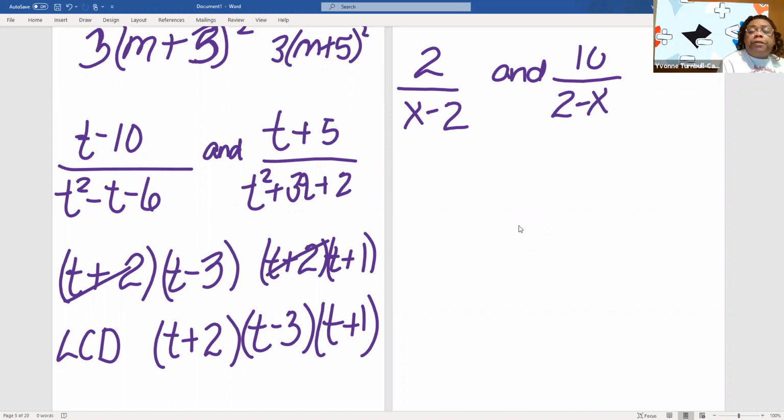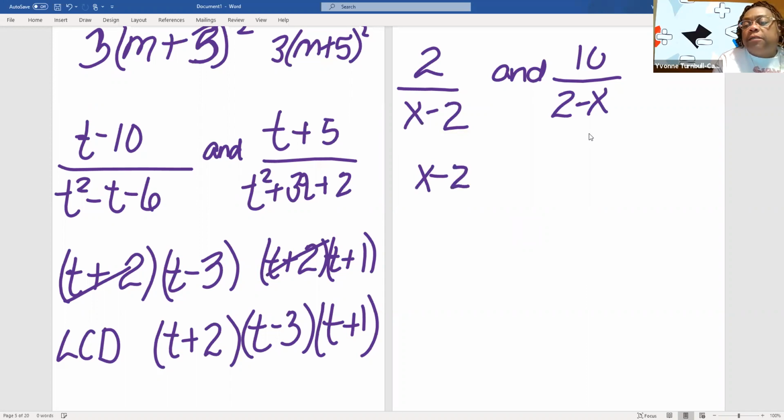Who can tell me what you notice? If you notice, we talked about this before, these are opposites. These are opposites. So guess what? We can make them the same. And because you commonly see an expression written where the variable comes first, we need to do something with the 2 minus x. So we have x minus 2.